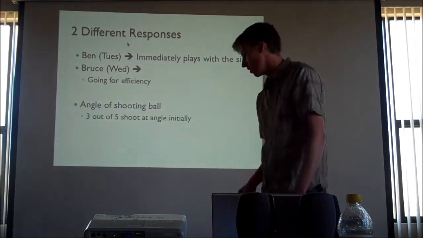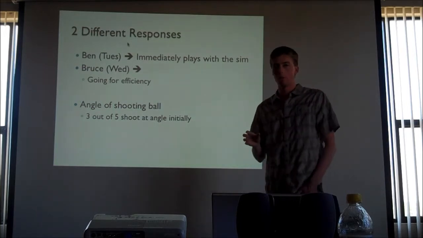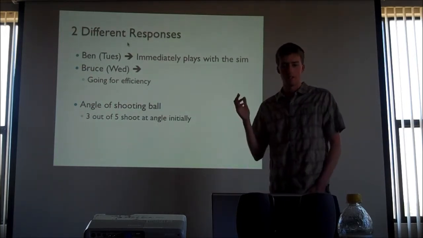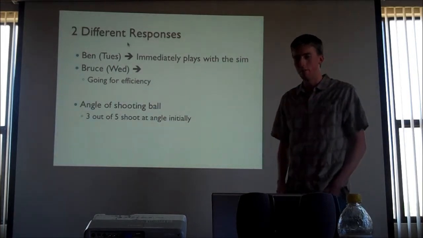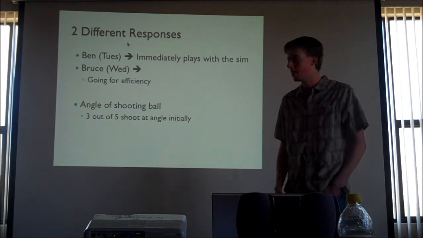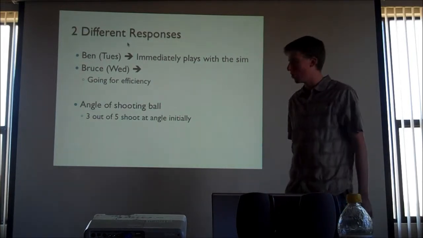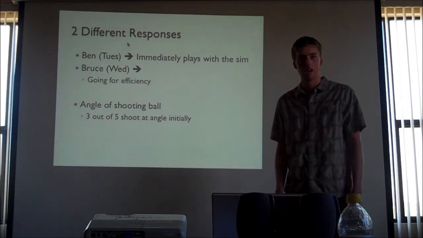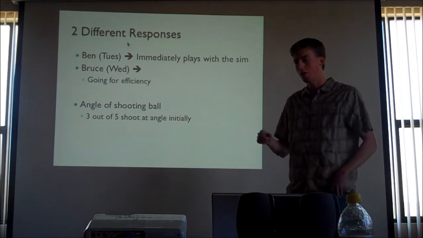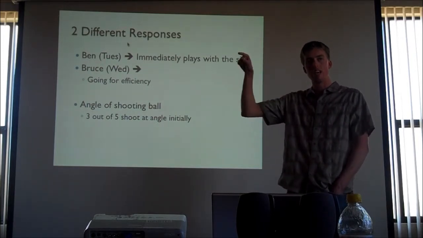One other kind of interesting piece here is that when the students first start playing with the sim, they always want to shoot the ball at an angle. And it was kind of weird to me at first because the whole problem so far has been about shooting the ball vertically. They read Part C and they start shooting it and they're trying to figure out how long it takes to get to the top of the trajectory, or they're trying to get the ball to reach the top of the trajectory at 3 seconds, but at an angle.